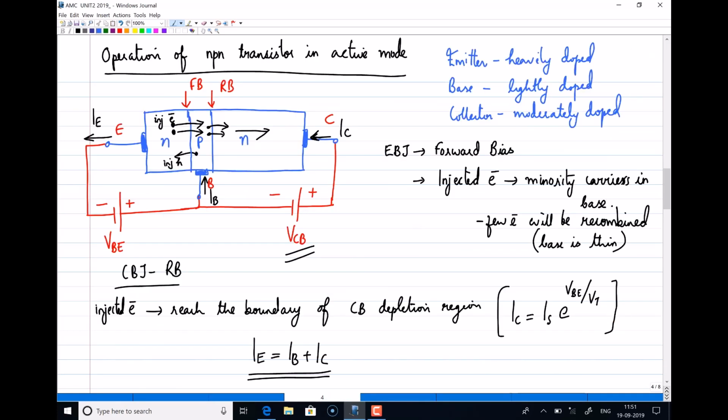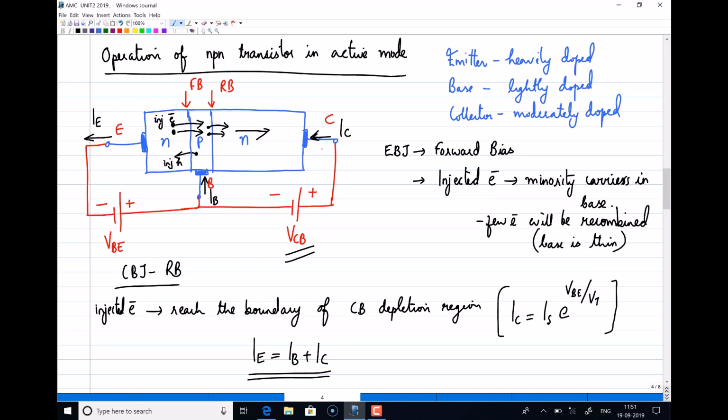That is what we discussed here in this structure. This junction is reverse biased, this is forward biased. The injected electrons will reach the base, but the base is very thin and narrow. Very few recombinations will happen, but from the collector side you have a very high positive potential available.